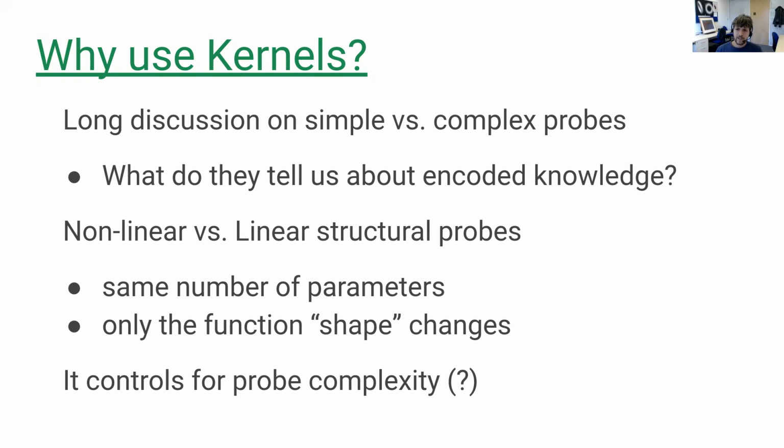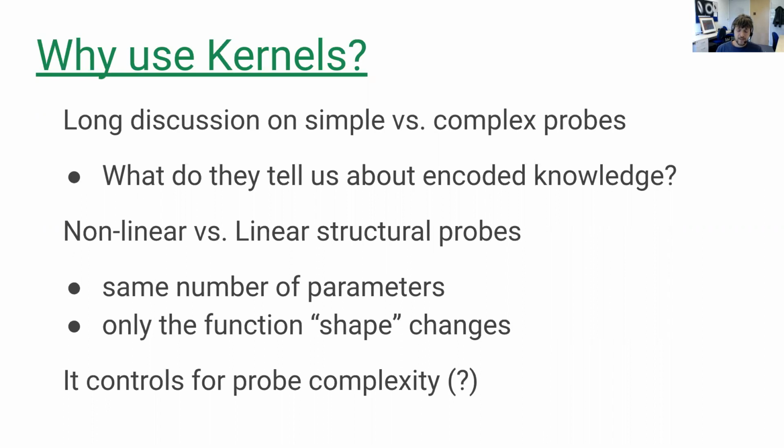The fact that if our probes are too complex, we can train them on top of random embeddings and get good results. So the simplicity versus complexity stops us from analyzing the structure of the encoded knowledge in a controlled manner.